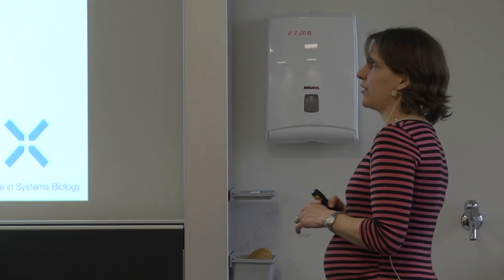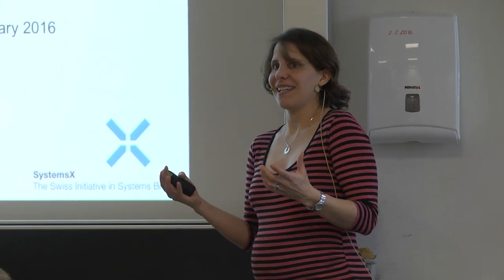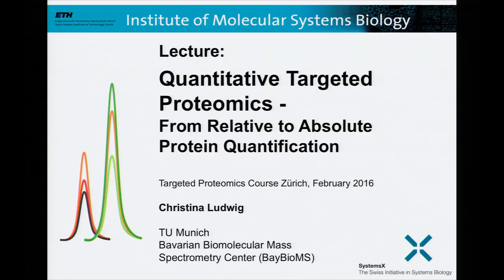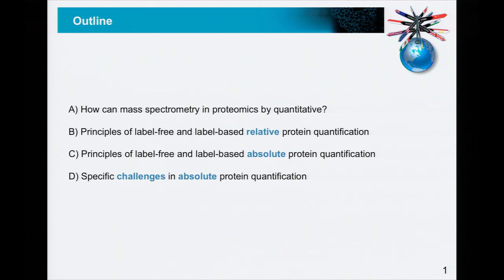It's of course a super big topic, quantitative proteomics, but I would like to discuss with you a few most important principles, and in particular look at the differences between relative and absolute quantification. I've structured this presentation into 4 parts. In the first part, we will discuss the very fundamental question of why and how mass spectrometry can be quantitative at all.